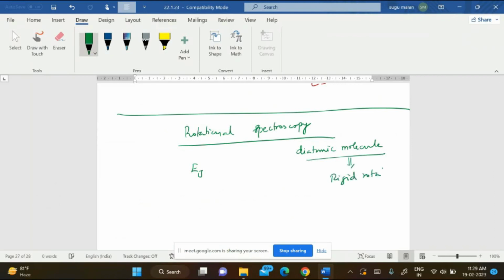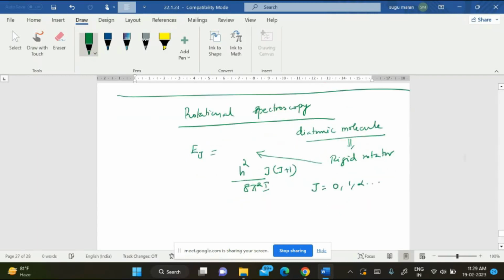As per the quantum mechanical approximation, its energy is given by the expression E_r = h squared by 8 pi squared I, into J into (J plus 1), where J can have the value 0, 1, and so on, right?